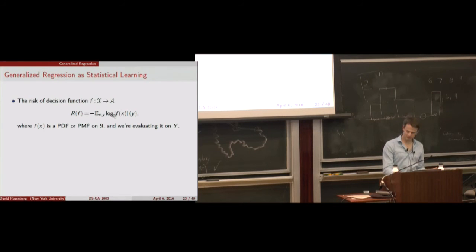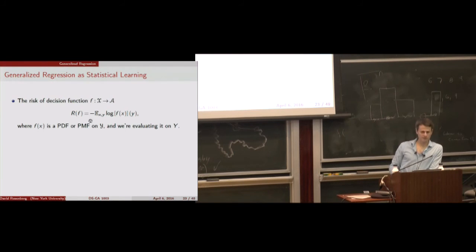We take the log of it to make it easier to work with. And then we say, what's the expected value of a randomly chosen x and y from our distribution of that quantity? So that would be the expected log likelihood, and with the negative, the negative expected log likelihood. All right. Clear? Well, there's no sum yet.